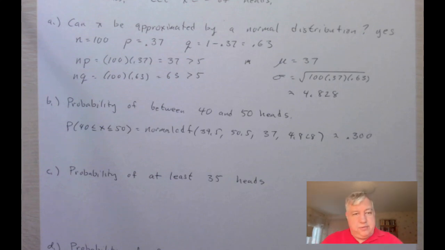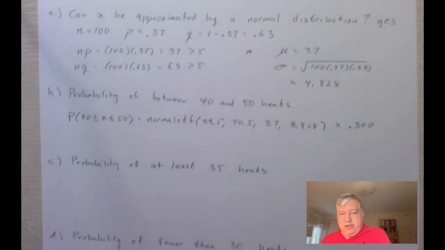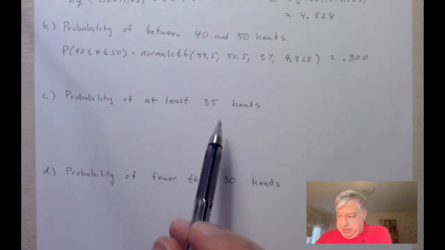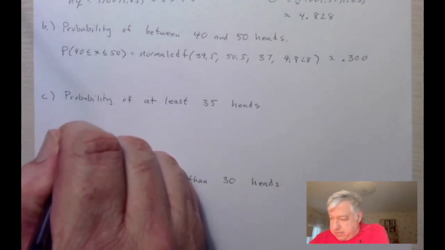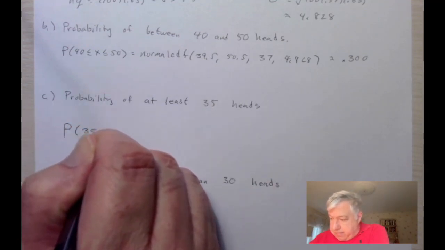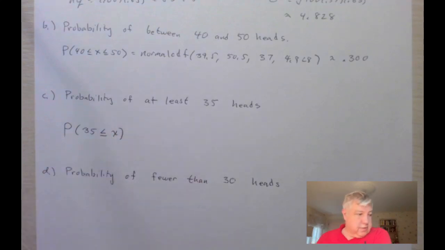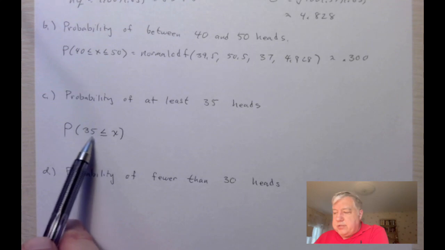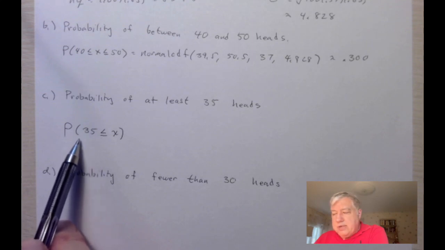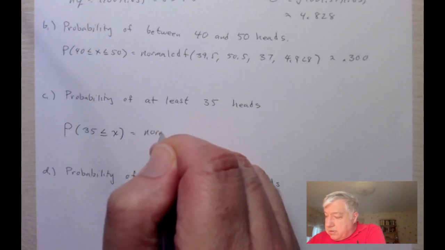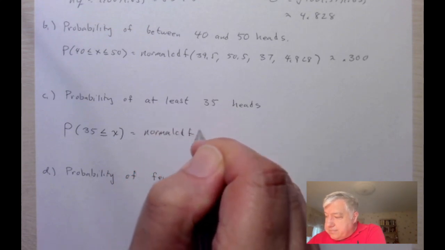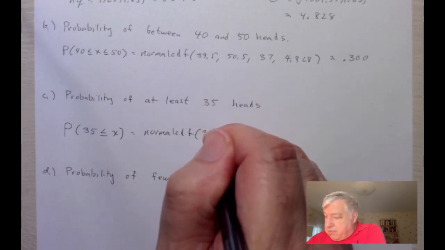Now let's see what is the probability of at least 35 heads. That means x could be 35 or greater. So now the continuity correction: this is the lower bound, so we'd subtract 0.5 from 35. So this would be normal CDF of 34.5.